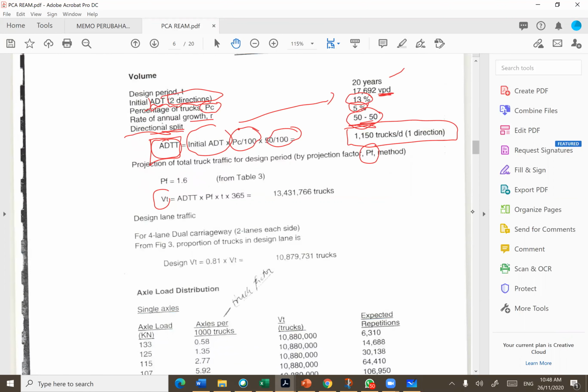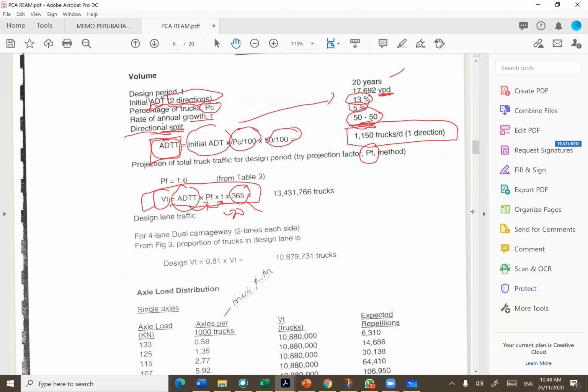So what happened? This is the formula that they refer to in order to calculate the number of trucks for the next 20 years, where the ADTT times the projection factor times T, which is 20 years, and the 365 to convert it into 1 year.